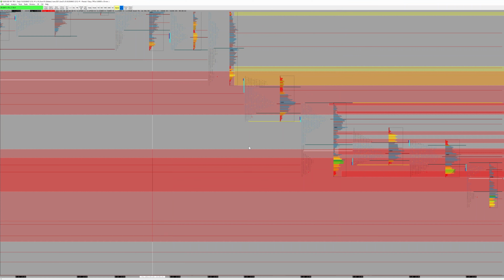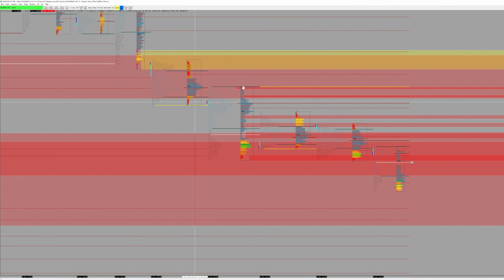If you refer to previous videos, you'll find that I always tend to look at TPO, so market profile here on the left, and compare it to the volume profile.